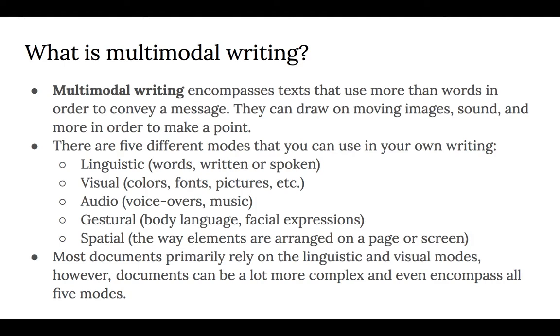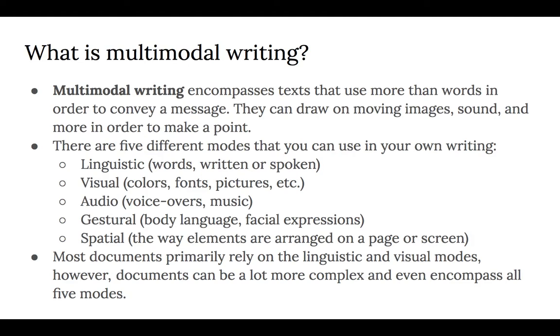Multimodal writing encompasses texts that use more than words in order to convey a message. They can draw on moving images, sounds, and more to make their point. There are 5 different modes that you can use in your own writing: the linguistic, the visual, audio, gestural, and spatial.